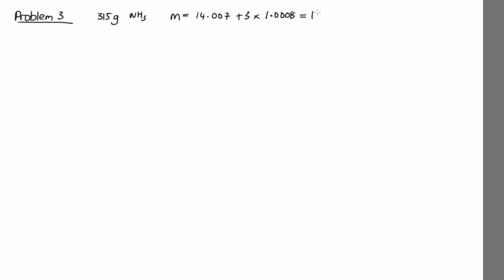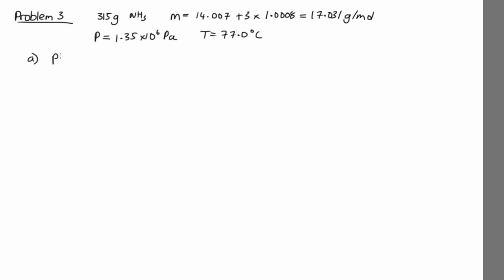So this is equal to 17.031 grams per mole. And we're told that it's at a pressure of 1.35 times 10 to the 6 pascals, and at a temperature of 77.0 degrees Celsius. And first of all, we're asked what's the volume of the tank.